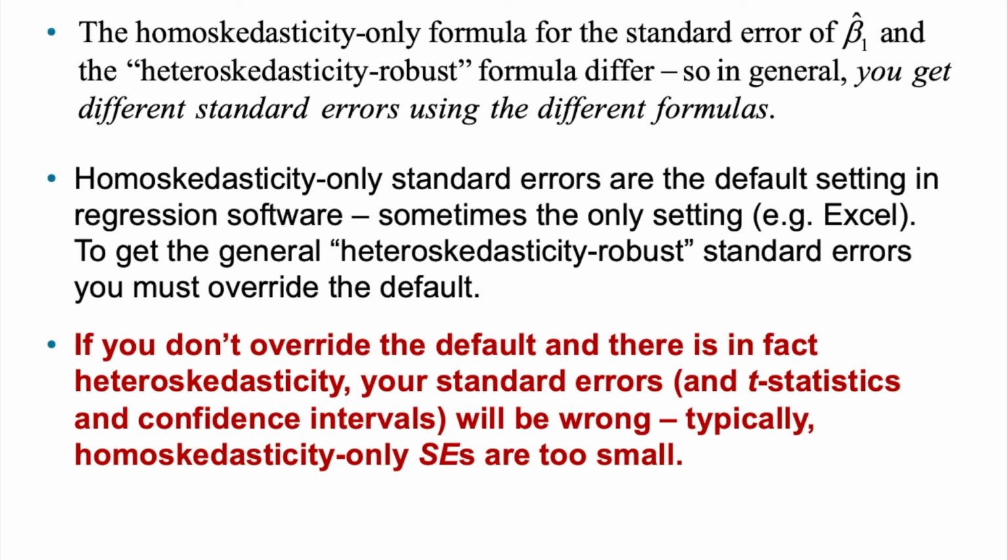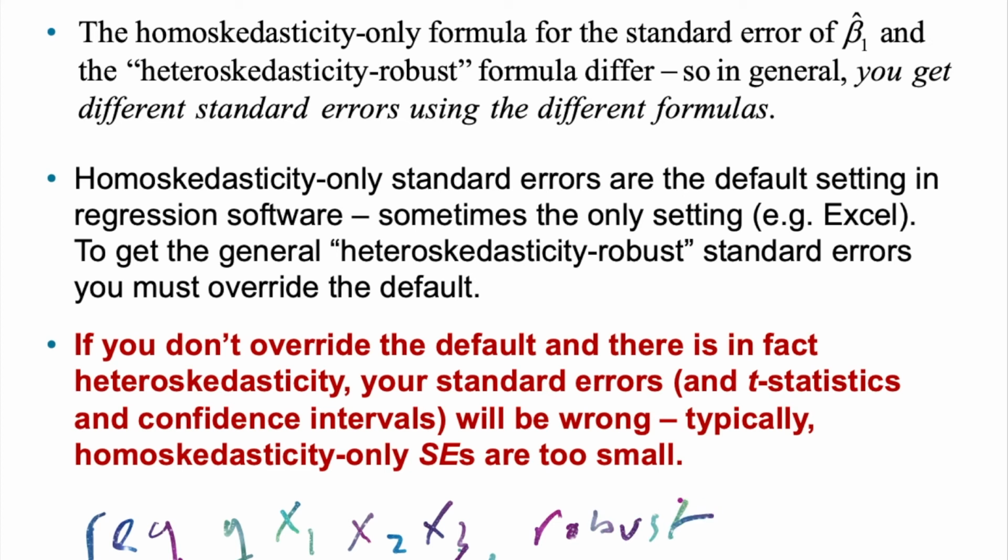To get the heteroskedasticity robust standard errors, we have to override the default. And to do that, after we write our regression, like reg y x1, we may have an x2, x3. That's coming next chapter. We need to write comma robust.